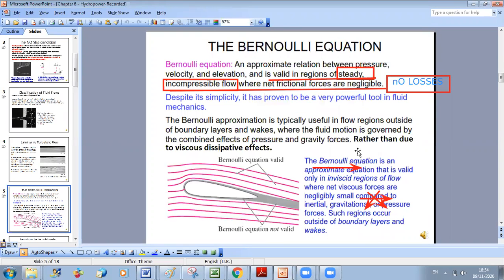So the Bernoulli equation is typically useful in flow regions outside of boundary layers and wakes. Wakes are, if you want, circulation zones. For example, if you have a rigid body and a flow over it, what will happen? When your flow hits the body, you will have separation of the flow.